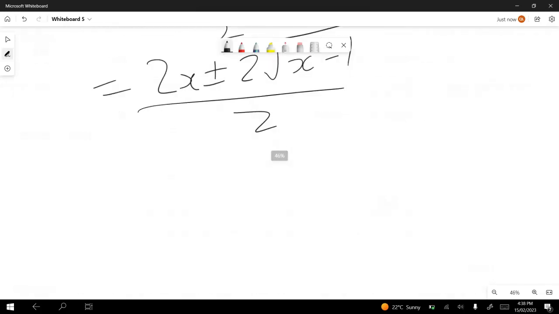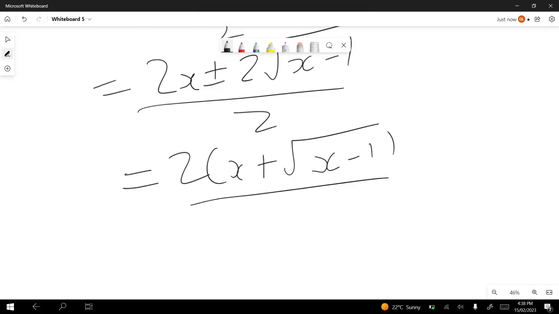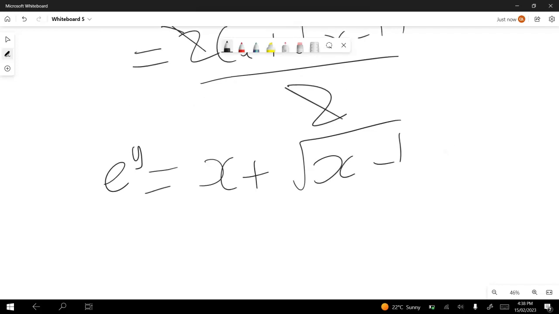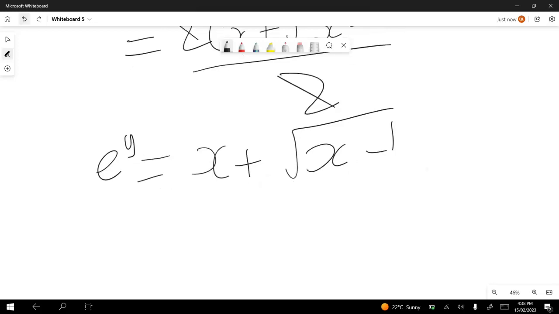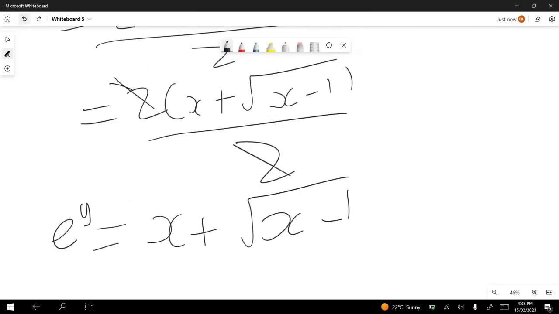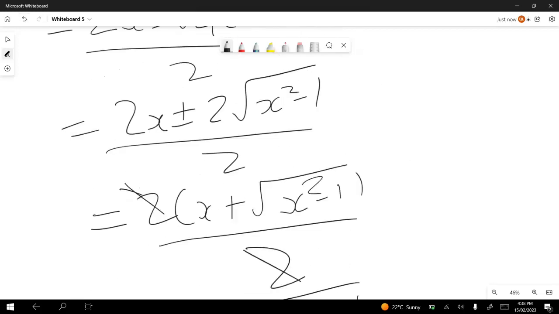And we can take out 2 here. I'm pretty sure you know how to do it, but I'll do it anyway. Boom, boom, gone. We haven't finished here because we're trying to find the inverse, right? And e to the y is not the inverse yet. We're nearly there. Oh sorry, I forgot to square these.